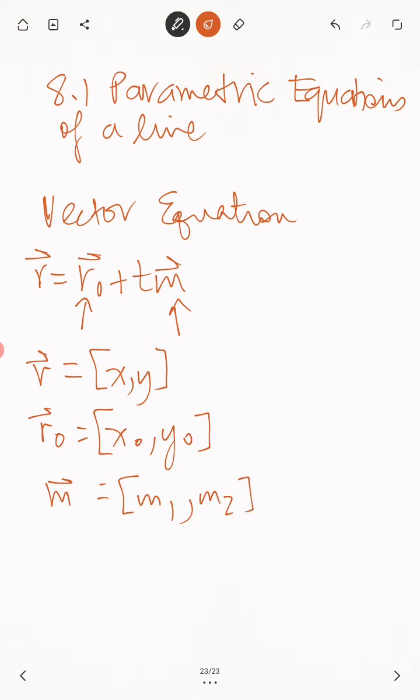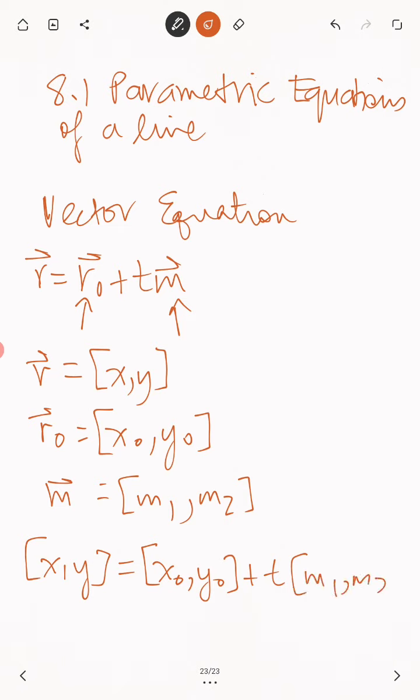And when we do that, we can then write the vector equation of a line as (x, y) is equal to the vector (x naught, y naught) plus the parameter t times the direction vector (m1, m2). From there, we can easily rearrange and derive our parametric equations of a line.